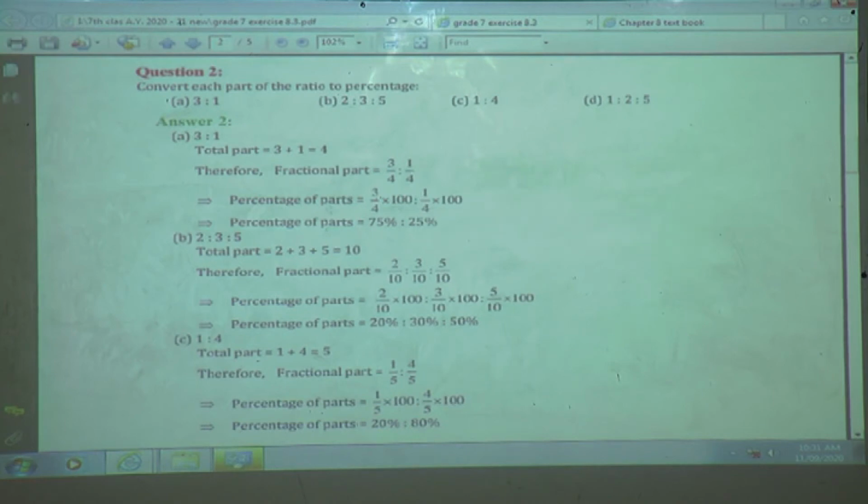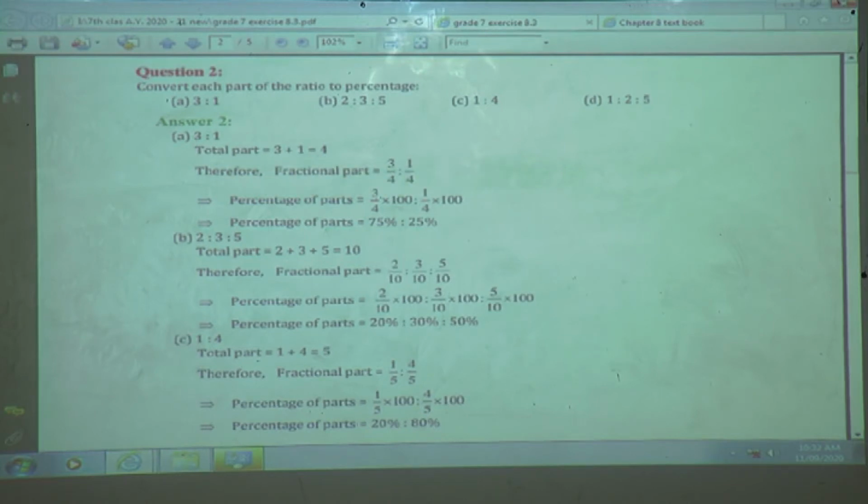So the percentage of each part: first we consider 3, so 3 upon 4 multiplied by 100, and the second is 1 upon 4 multiplied by 100. When you reduce this, 3 upon 4 multiplied by 100 gives 75%, and 1 upon 4 multiplied by 100 gives 25%. In this way you can find the percent by converting these ratios into percentages.